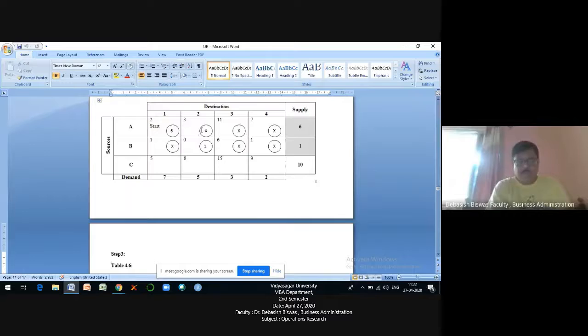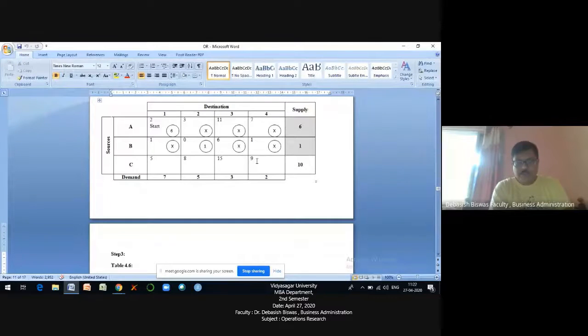So now we have only third row. How many elements are left? Only 4 elements are left right now. 5, 8, 15, and 9, right?